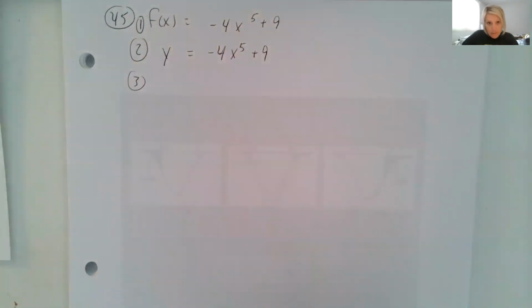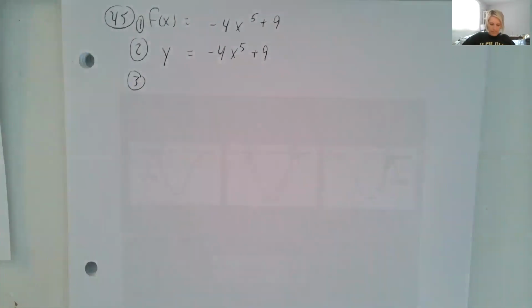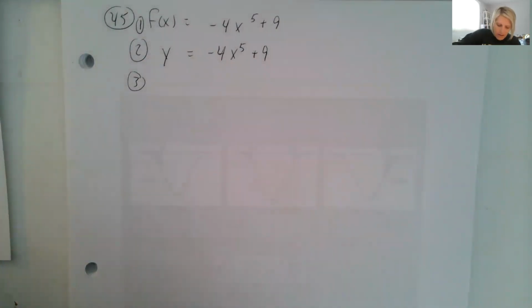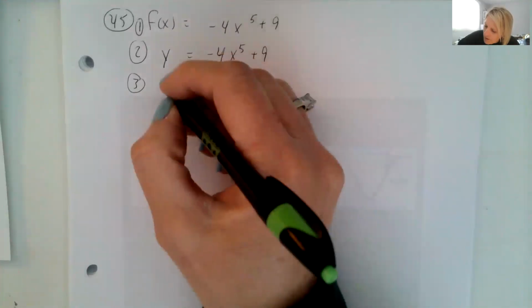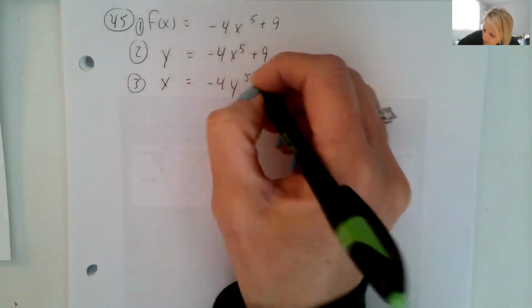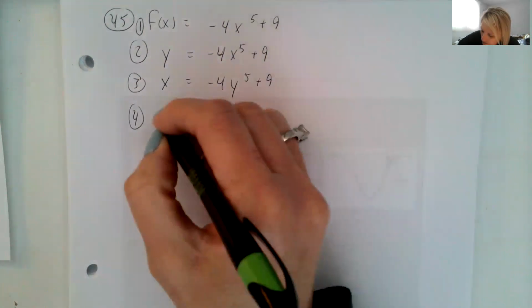The third step, do you remember what it is? It is replacing y with x and then x with y. And then we're going to solve for y in step 4.